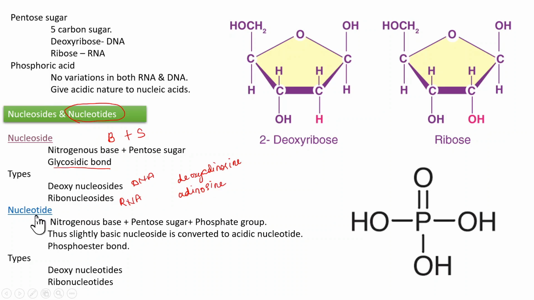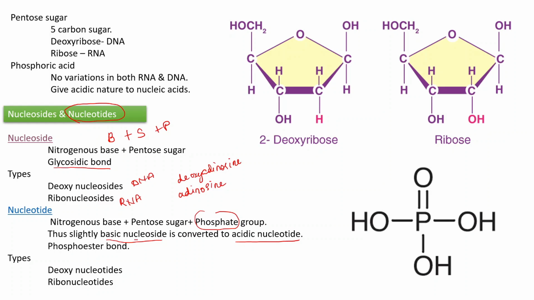Then coming to nucleotide. Nucleotide is very simple. We have already seen these elements, and along with this sugar one phosphate group also comes, then it becomes a nucleotide: nitrogenous base plus pentose sugar plus phosphate group. Okay, and by the addition of this phosphate group, the basic nucleoside is converted to an acidic one.